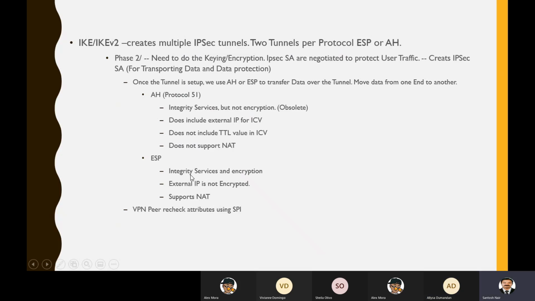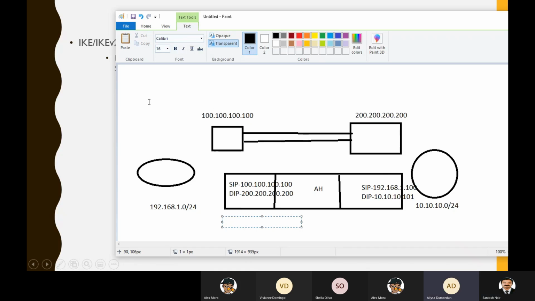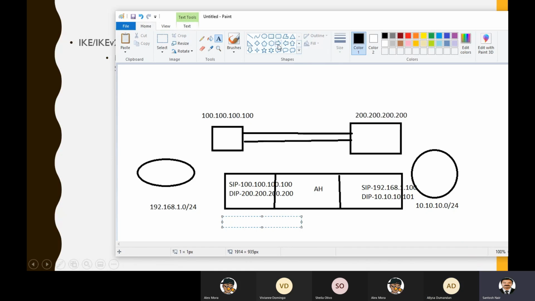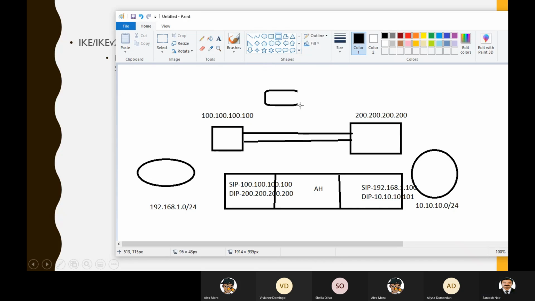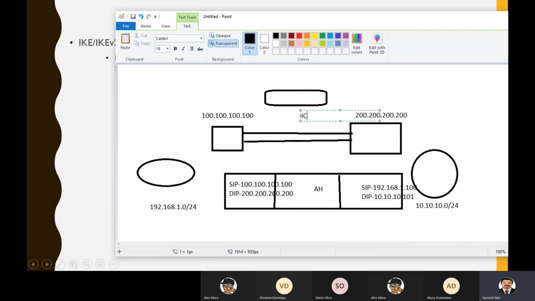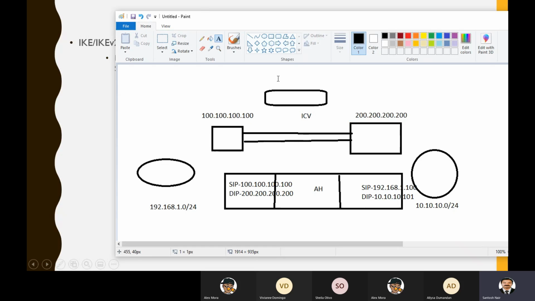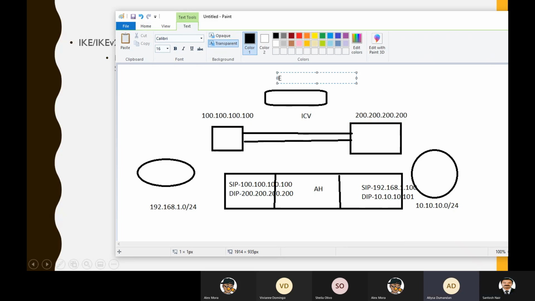So what happens here is, let me come here. Suppose we are just preparing an ICV. You can say it is the encrypted thing. If you're preparing an ICV in AH, what will it use?